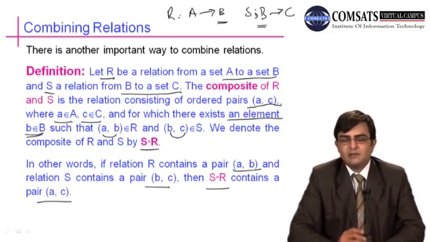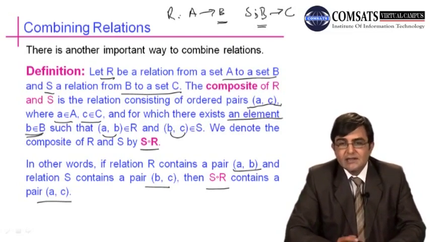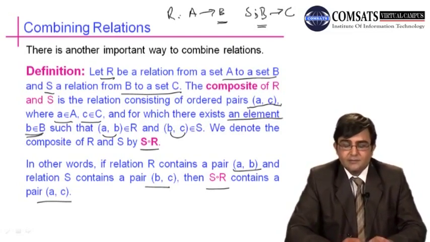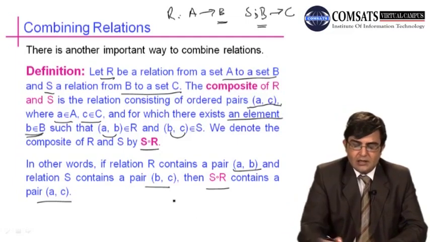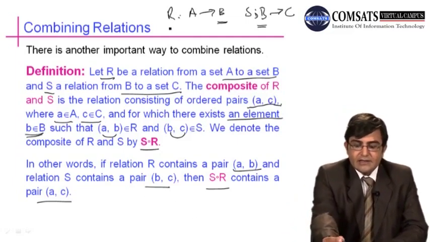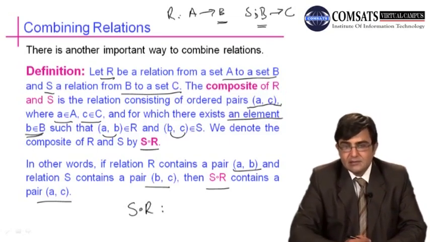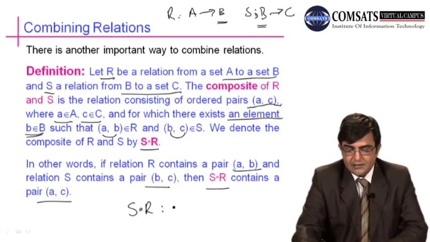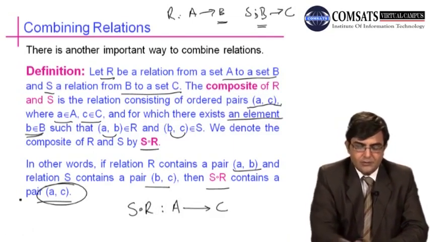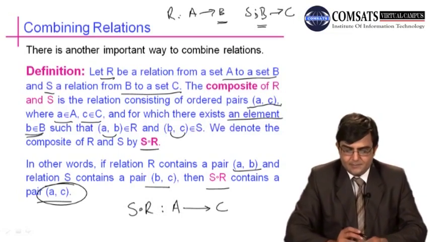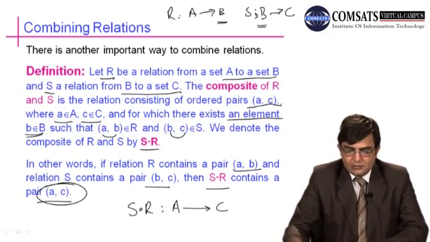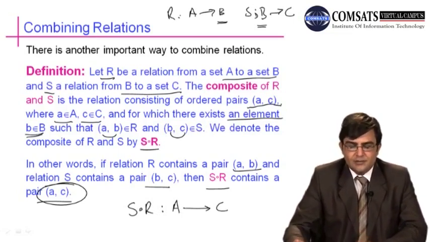S composition R is a new relation which we obtain. Here R is a relation from A to B, S is a relation from B to C. If we take the composition of these two relations, then S∘R must be a relation from A to C according to the ordered pairs of this relation. So this is how we take the composition of two relations.